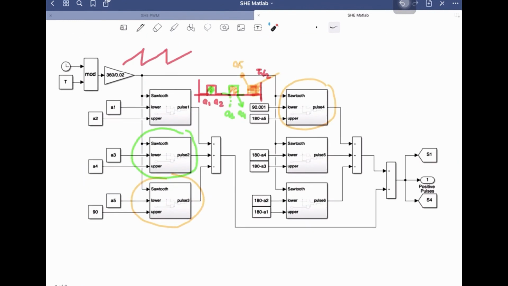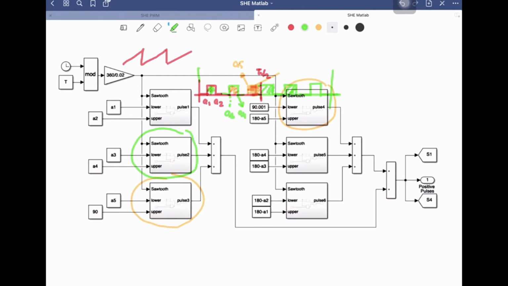Right, so you can see 90 to 180 minus alpha 5, then 180 minus alpha 4 to 180 minus alpha 3, then 180 minus alpha 2 to 180 minus alpha 1. Adding them all together will give you the complete waveform for the positive half cycle of this particular selected harmonic elimination technique.